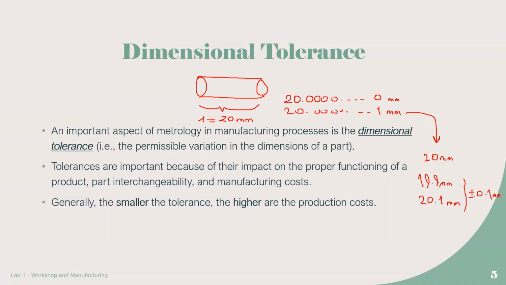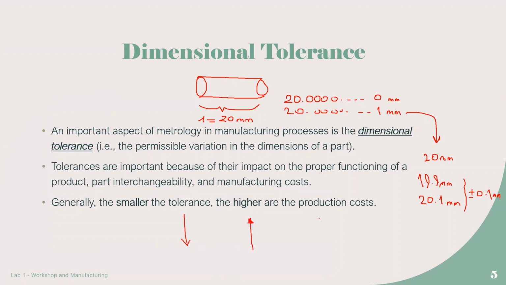And also, tolerance is important for us because it manages your production cost. That is to say, if you want a smaller tolerance, your production cost is going to be higher. Why?